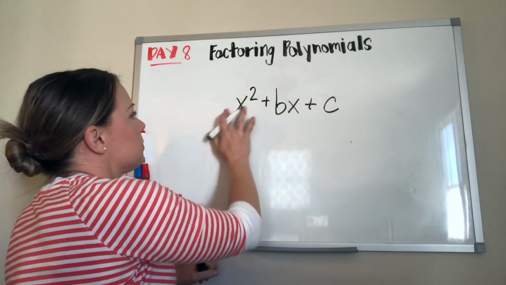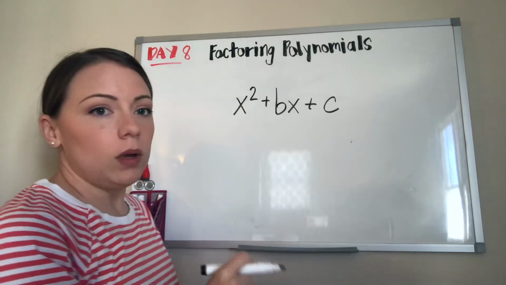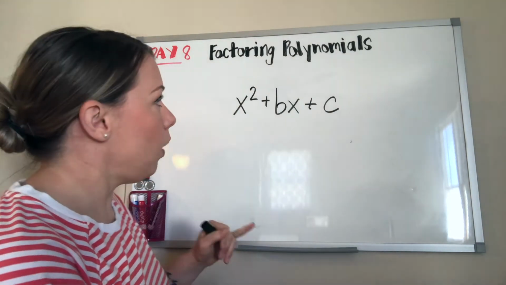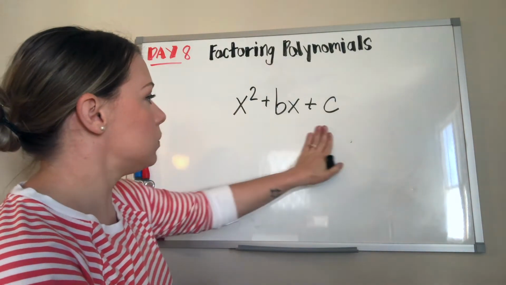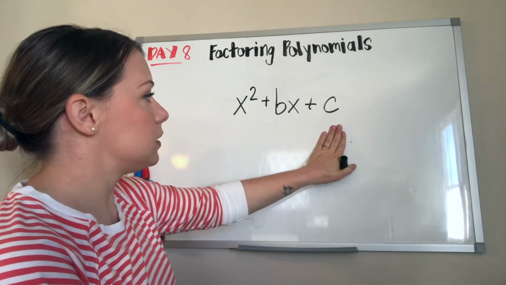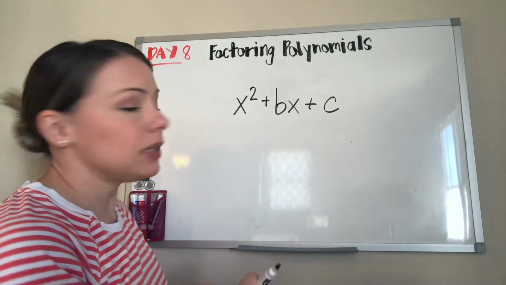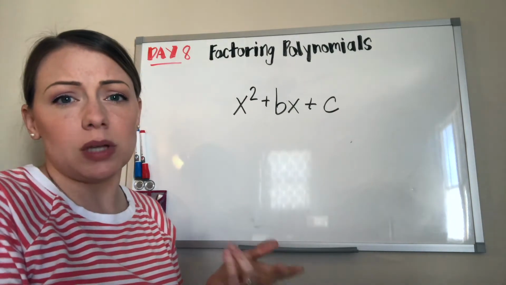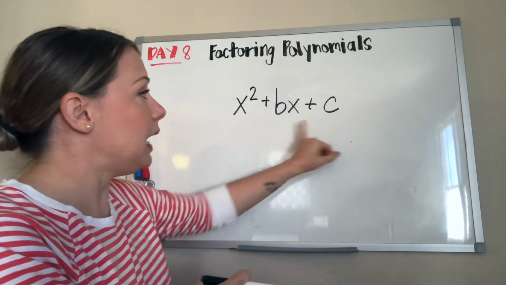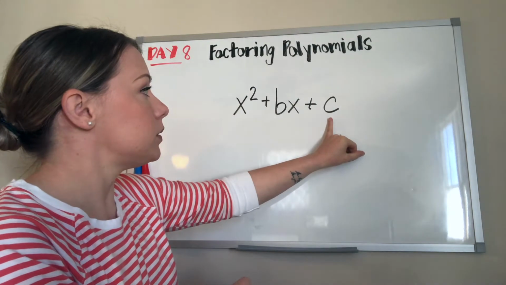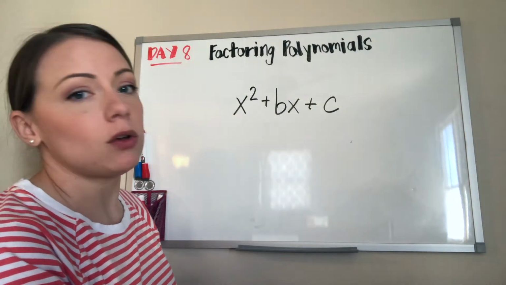Now I want you to consider the fact that you all have been dealing with polynomials like this since 7.1, and in the past, I believe you had 2 sections or 2 days of work where we created polynomials by multiplying binomials.